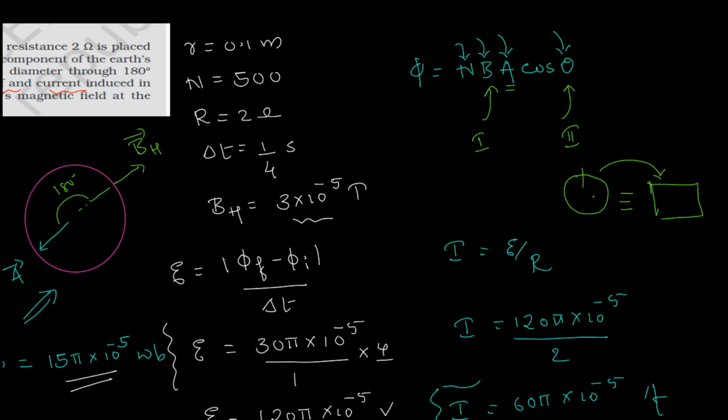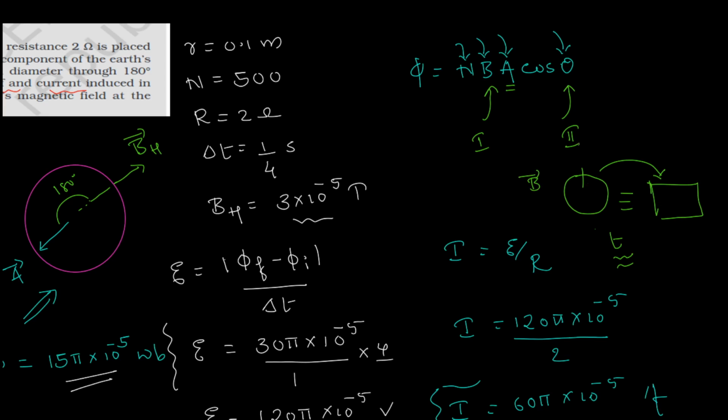Did the length change? No, same wire. First you had bent it in the shape of a circle, now you have taken the same wire and suddenly changed it from circle to square in, let's say, some time t. So we'll mention that time in the presence of a uniform magnetic field B. So here actually area is changing, circle to square. Definitely, even though the circumference is the same, the area will be different.